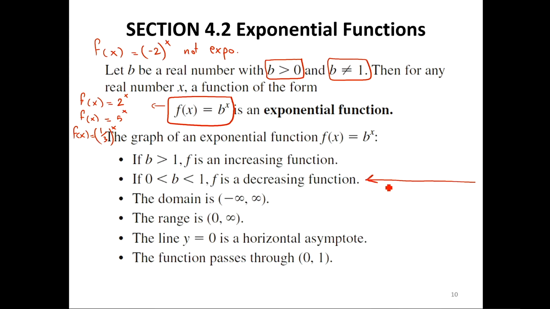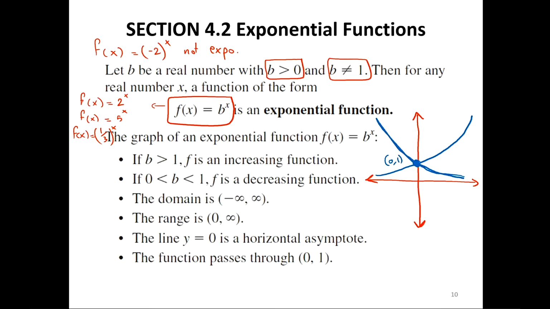Okay? Any exponential function is increasing or decreasing. This one is increasing and this one is decreasing. Both, increasing or decreasing, any exponential function must pass through (0, 1).